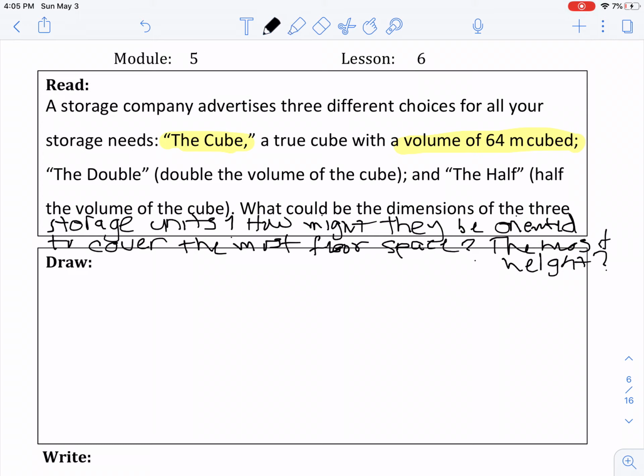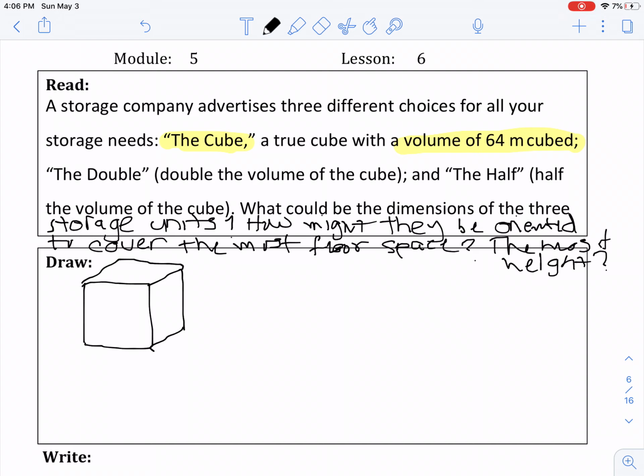So when we draw our cube, remember a cube means it has the face of a square, which means that all sides are equal, right? All sides are equal. So here's our cube. And 64 meters cubed is the volume. So each side, if they're the same, is how many meters?